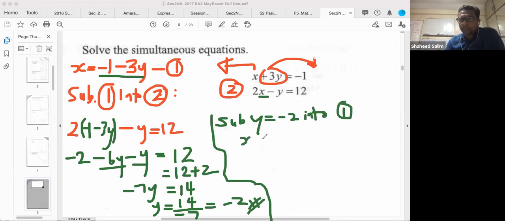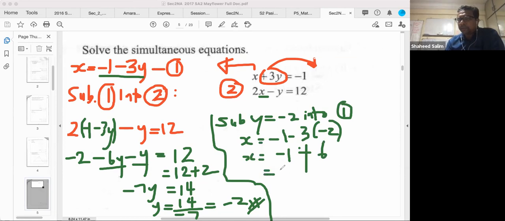So x equals to minus 1 minus 3y. You put bracket here, negative 2. Minus 3 times minus 2 become plus 6. Minus 1 plus 6 is equals to x. What is x? 6 minus 1, 5. And you get the answer.